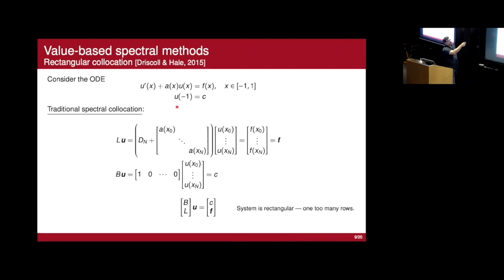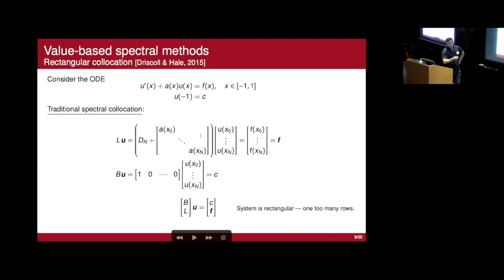And then this boundary condition, u at minus 1 equals c. Well, we have the values of u on the interval minus 1 to 1. x0 is equal to minus 1. That's the left endpoint. And so I can impose this boundary condition by just taking the left value and setting it to c. And so this ODE can be written as this block matrix B over L times u equals c over f, where the top part imposes the boundary conditions and the bottom part is the differential operator.